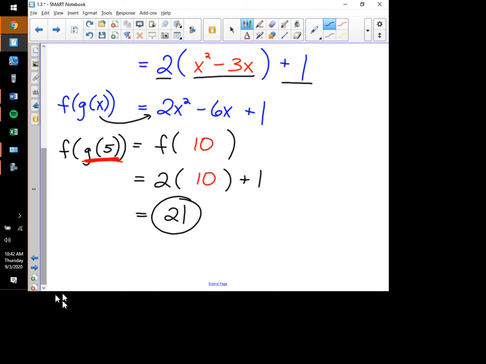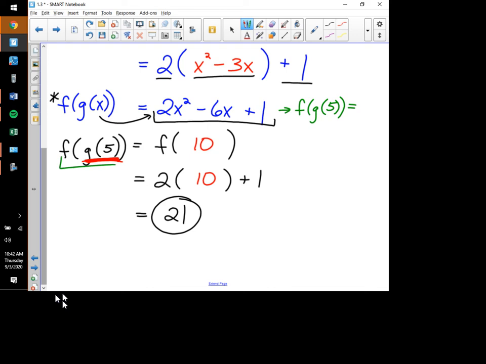Absolutely nothing right now, until I go back to this level right here and realize that we came up with a new function, 2x squared minus 6x plus 1, that gives us, or should give us, the value of f of g of x. So right here, let me shift in green here, guys, and ask, what is f of g of our original input value of 5?